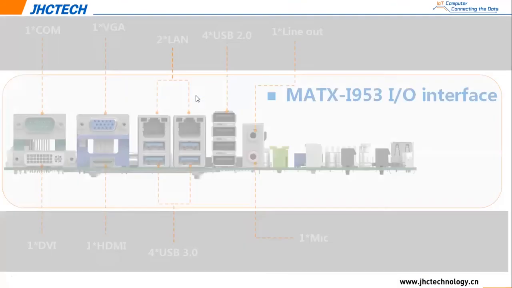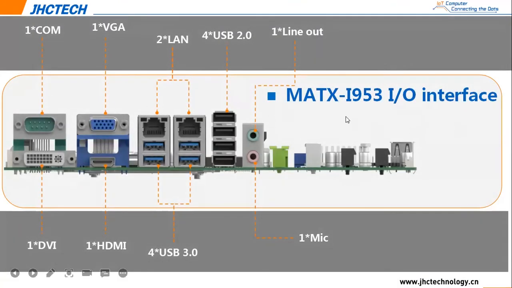Okay, and next is MATX i953 I/O interfaces. There are 3 displays: 1 VGA, 1 HDMI, and 1 DVI, 1 COM, 2 LANs, 4 USB 3, 4 USB 2, line out, and a mic.